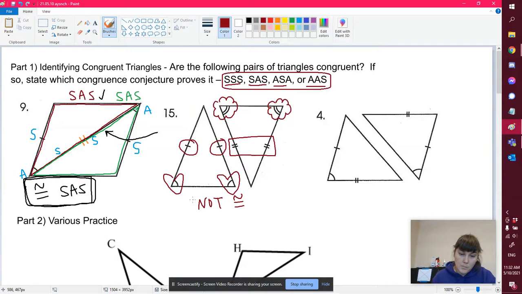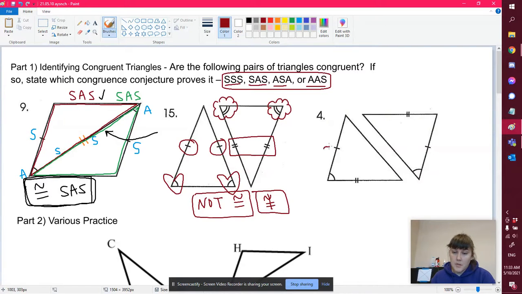I can also write it like this, because we don't know that these tick marks are the same. So this is kind of a tricky one. It looks like we've got these angle sides going on, but we don't get to say it because the tick marks aren't actually matching up.